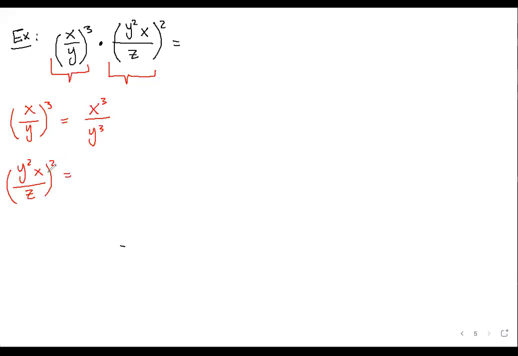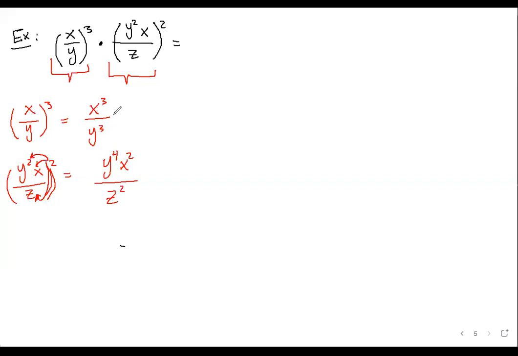Again, what we're doing here is distributing the 2 to every variable inside. So what's the answer? Y to the fourth, x squared over z squared.